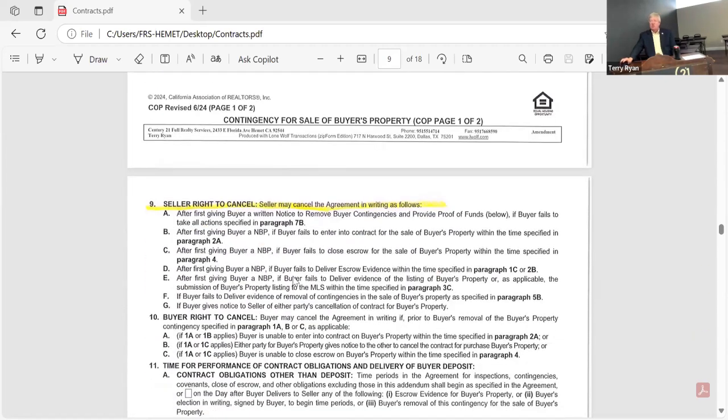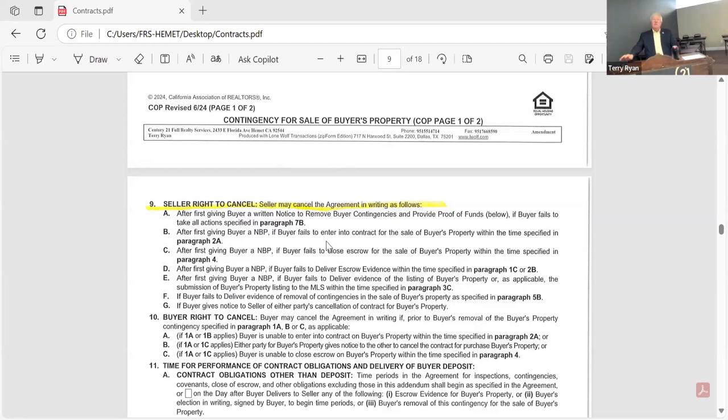So this is just a little list of sellers' right to cancel. And you see that there's 5 or 6 things after giving the buyer written notice to remove the contingency and provide proof of funds. After first giving notice to buyer to perform, you fail to enter into a contract.